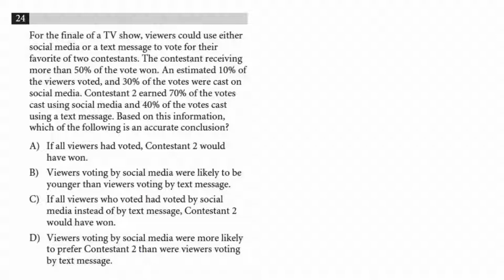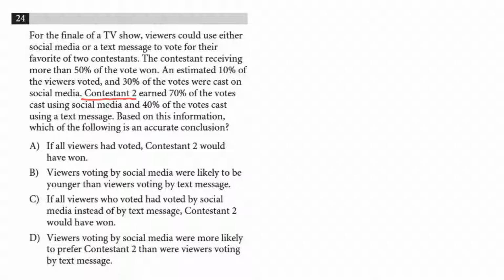Contestant 2 earned 70% of the votes cast on social media and 40% of the votes cast using a text message. Based on this information, which of the following is an accurate conclusion? All right, well, let's think about this.